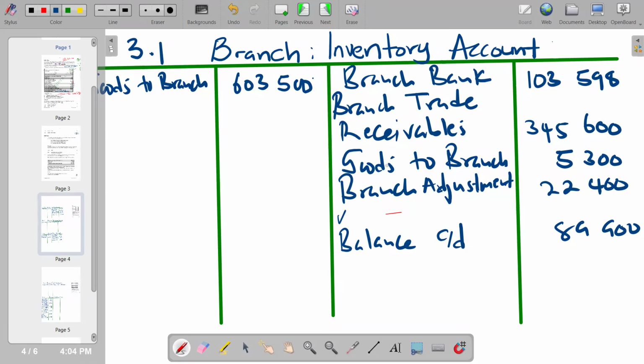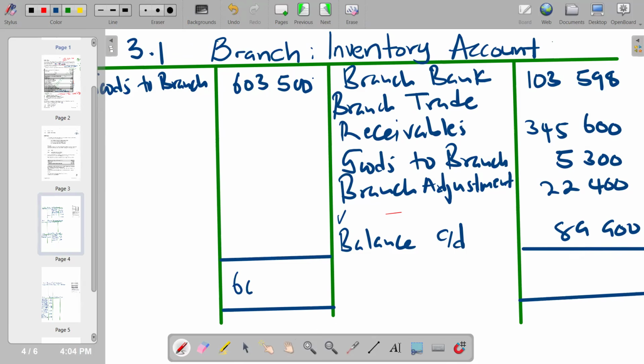You're going to see that the debit side has a greater total, so it's the one that comes on both sides between the double lines. We can put our double lines.